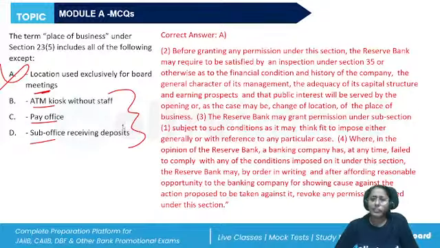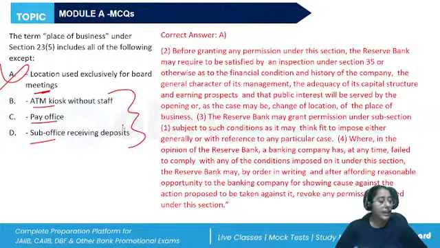All right, and also before granting any permission for the opening of new business, the Reserve Bank will consider the scrutiny. They should be satisfied as to the financial condition and history of the company, the general character of its management. Then they will give the permission subject to certain conditions as the central bank may think fit.